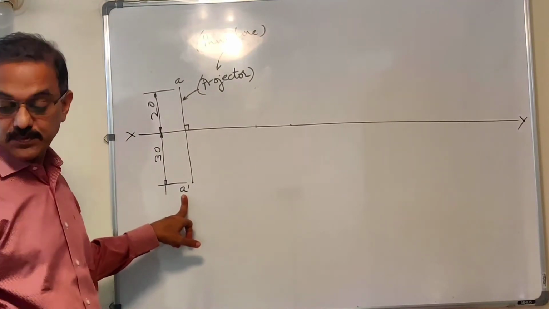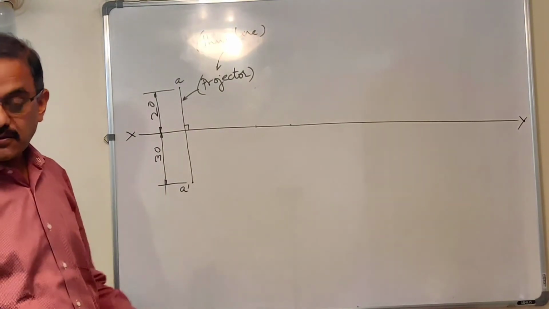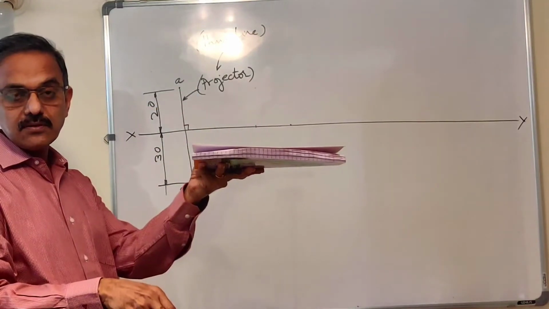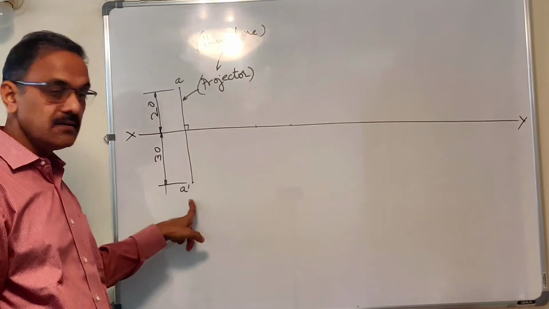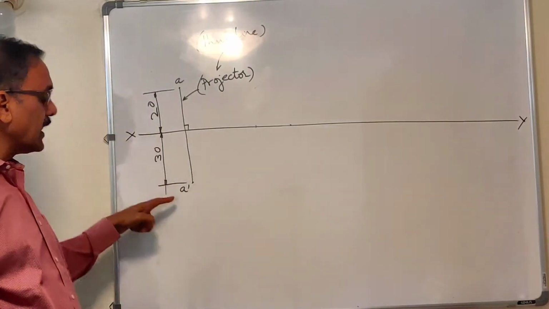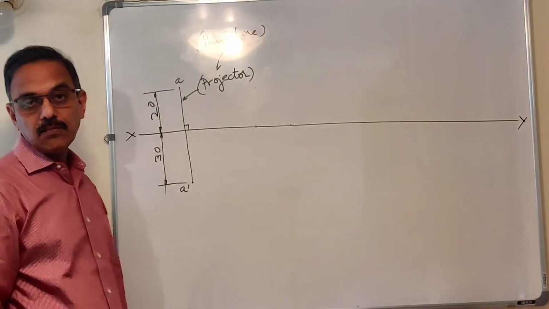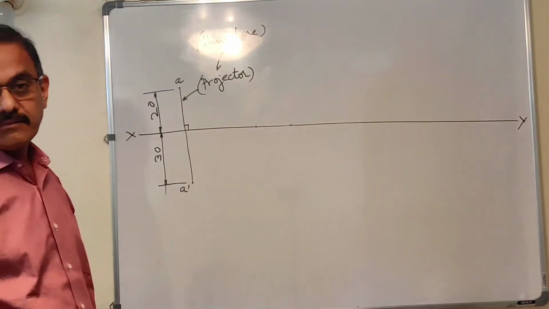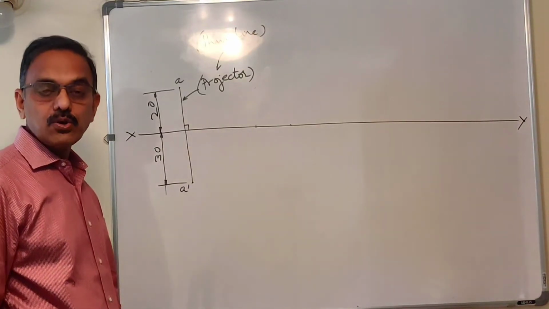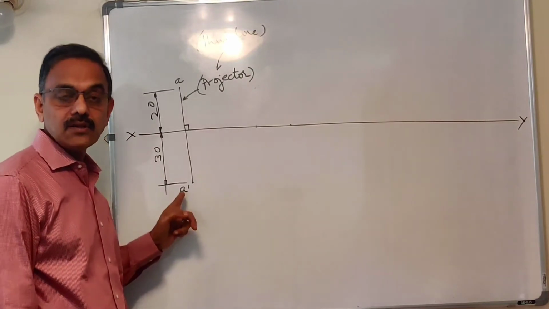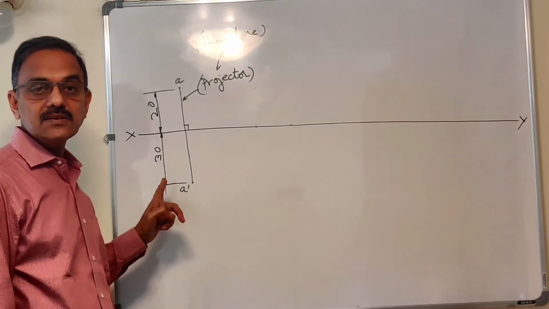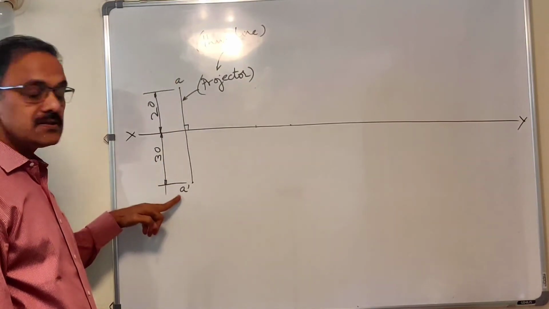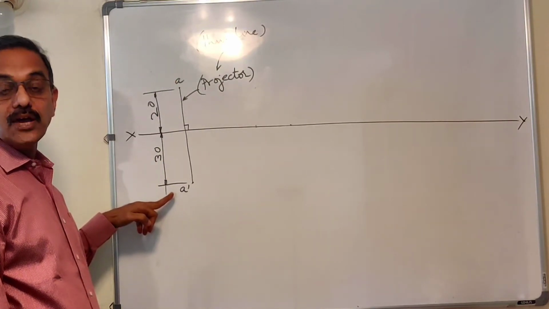When I say from HP, again you have two options with reference to HP. It can be above or it can be below HP. Which case is this? You find it below XY line. So you can say the point A is below HP. So what do you conclude? What is the position of a point A in space? The point A is behind VP and it is below HP.